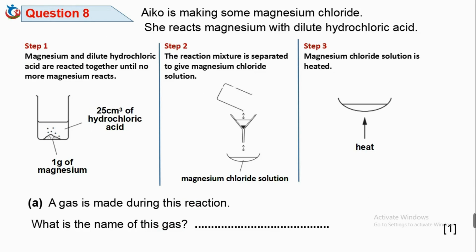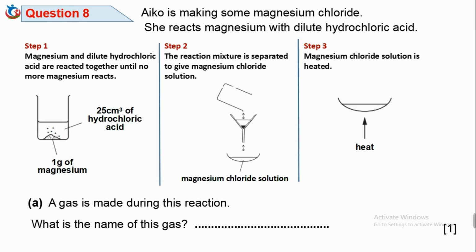Question 8. Aiko is making some magnesium chloride. She reacts magnesium with dilute hydrochloric acid. Step 1. Magnesium and dilute hydrochloric acid are reacted together until no more magnesium reacts. Step 2. The reaction mixture is separated to give magnesium chloride solution. And in step 3, magnesium chloride solution is heated.